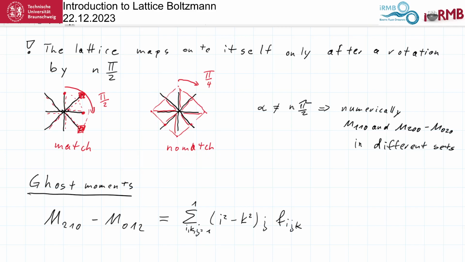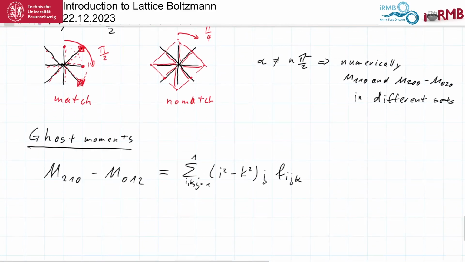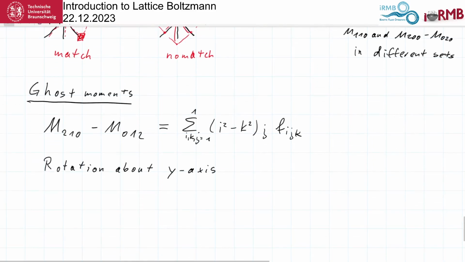Okay, now let us rotate this guy specifically about the y-axis. So we have i_y square minus k_y square into j k, and I did this with Mathematica, so I'll just give you the result now.